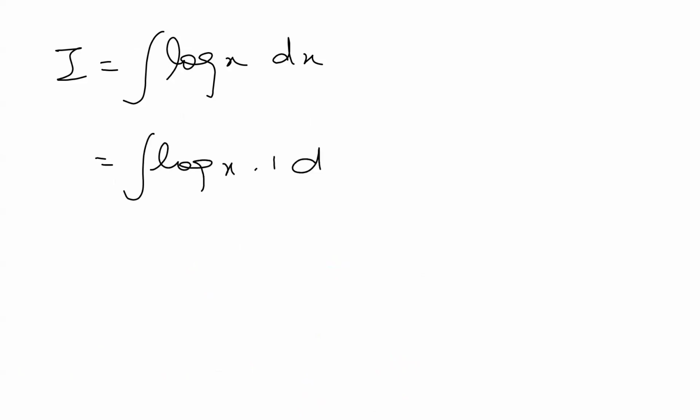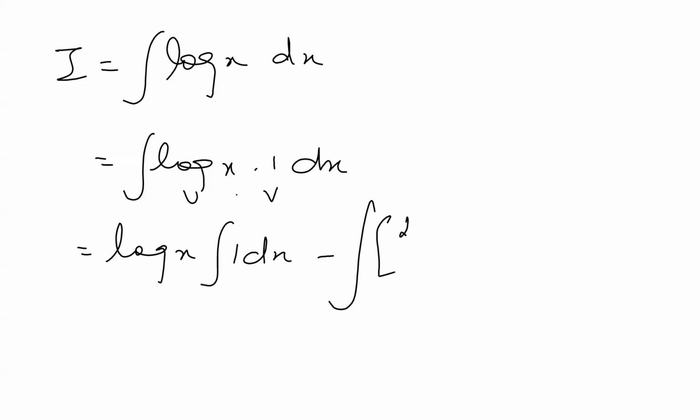Now let's understand this integration of log x dx. There is no formula for log x in integration. So log x into 1 dx. So log x into 1, log x, integration of 1 dx. So this is u and v is 1. Bigger integration d by dx of log x, integration 1 dx, bracket close, dx.